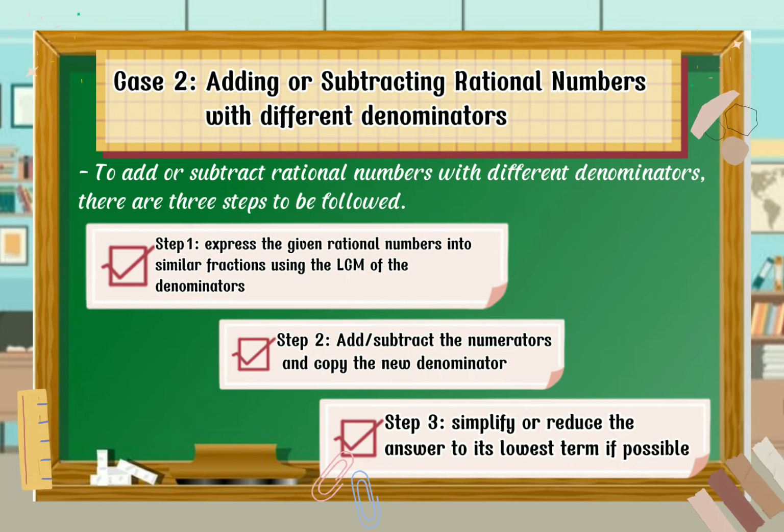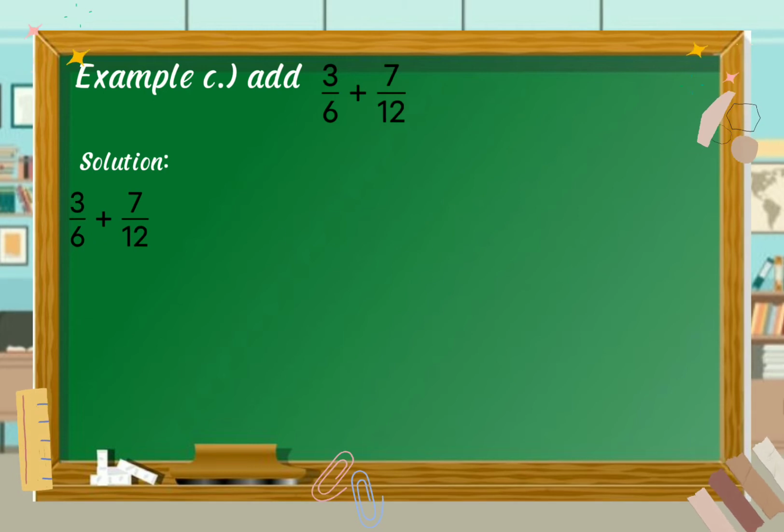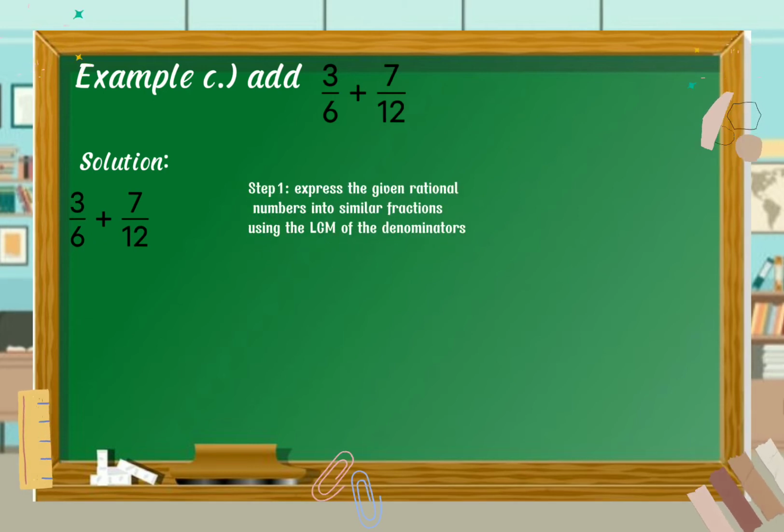Now, let's consider these examples. Example C. Add 3/6 and 7/12. To solve this, let's perform the given steps. So step 1. Let's find the LCM or the least common multiple of our denominators 6 and 12.